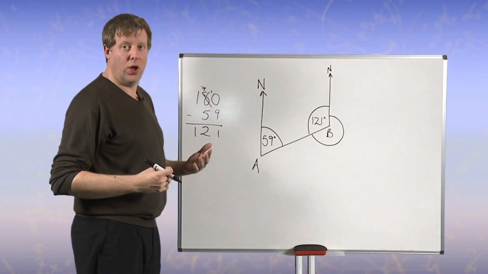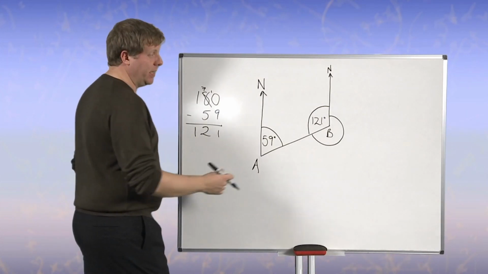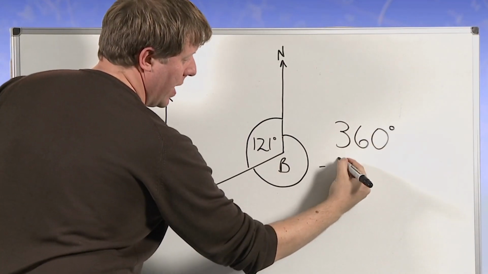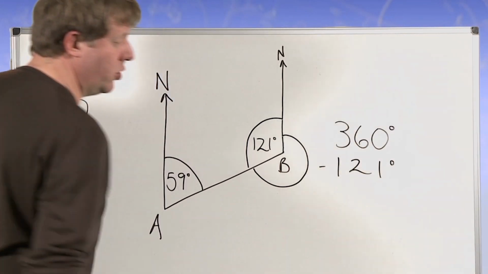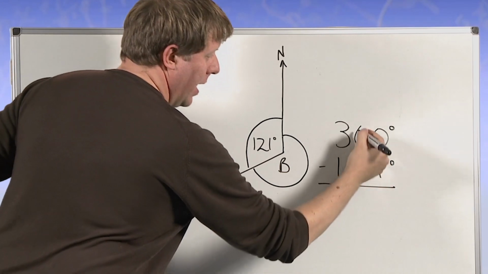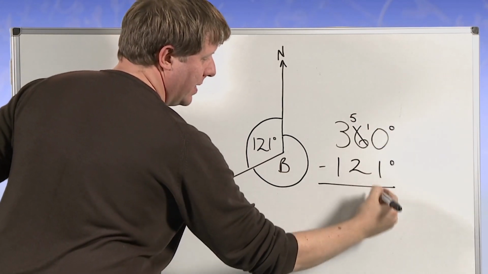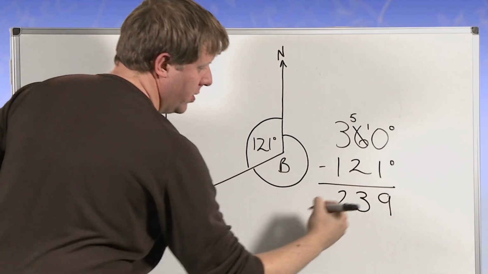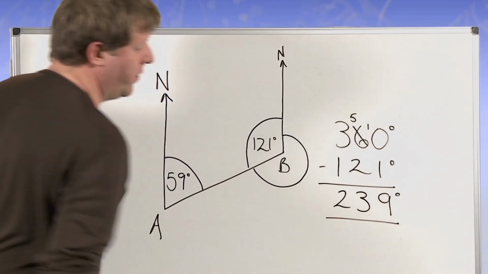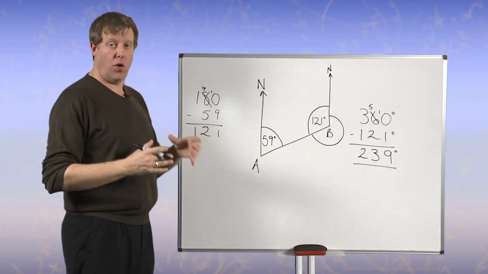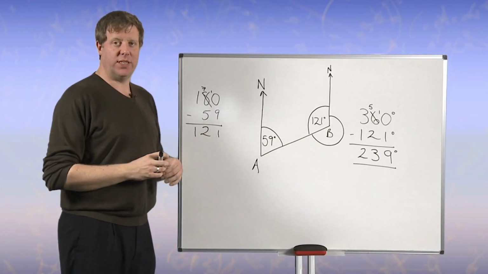So in order for me to work out the bearing, I simply do 360 degrees, subtract the 121 degrees that I calculated here. And when I go through and work that out, you can see we end up with an answer of 239 degrees. So the bearing of A from B is 239 degrees.